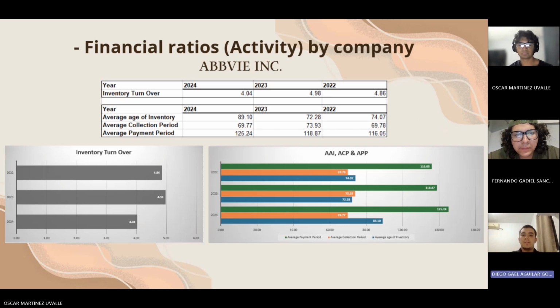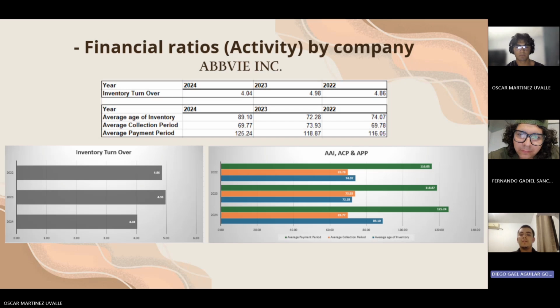Well, now we're going to talk about the financial ratios of activity of AbbVie Inc. Again, throughout the 3 years from 2022 to 2024, we can see that the inventory turnover remains constant, not passing over 4. And then we have the average age of inventory, which in 2022 was 74, then 2023 72, 2024 89.